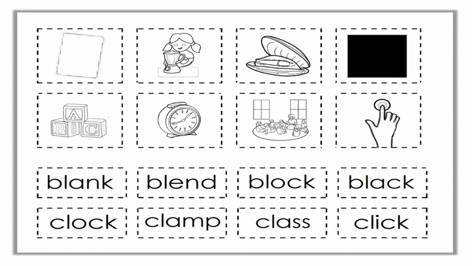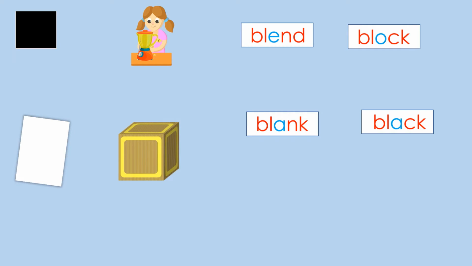Now if you have this worksheet with you, you are going to cut all these pictures and the words around the dotted line. And then we are going to read the words and match each word with its picture. Now we'll read all the words.